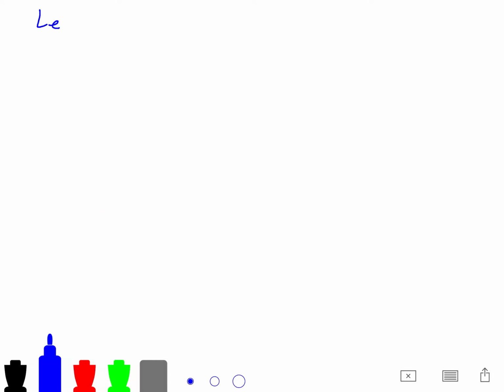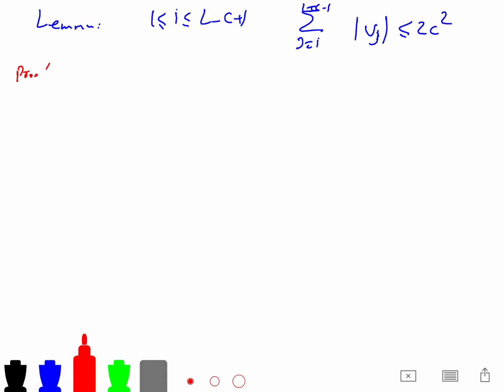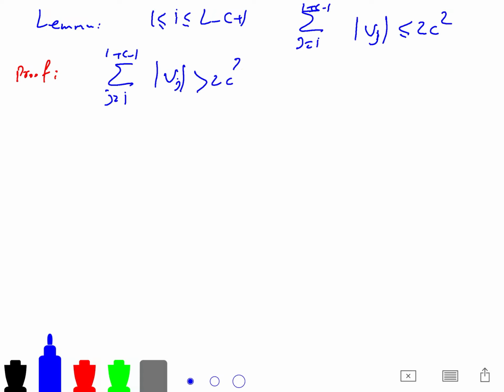And there is a lemma that says for every i between 1 and L minus c plus 1, the sum of |Vj| is less than 2c squared. The proof is as follows. We assume that there exists an i such that the sum of |Vj| is greater than 2c squared.